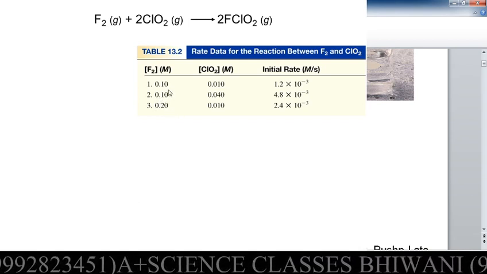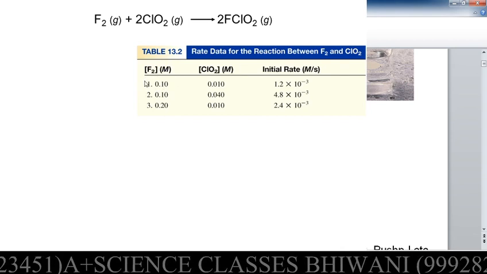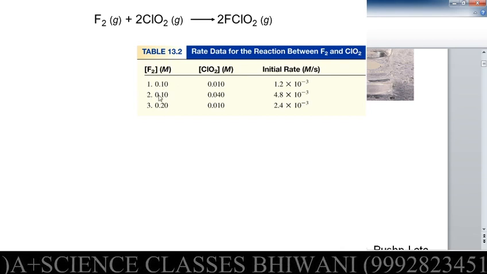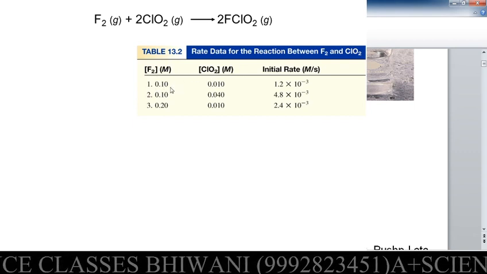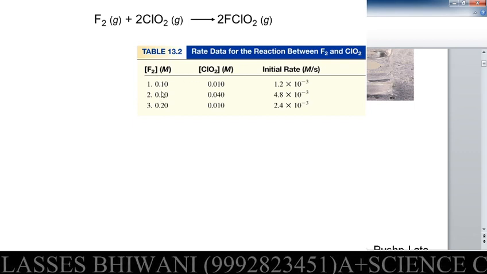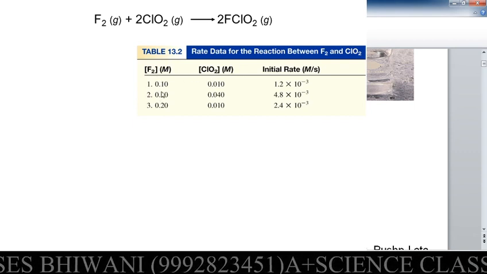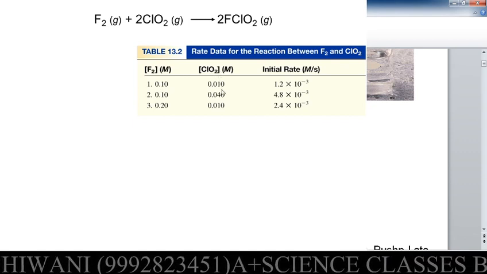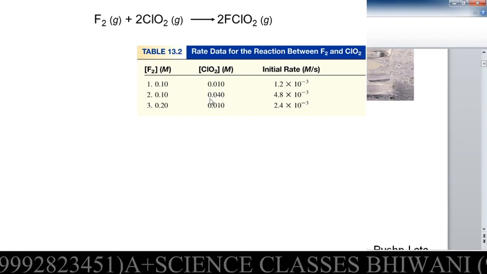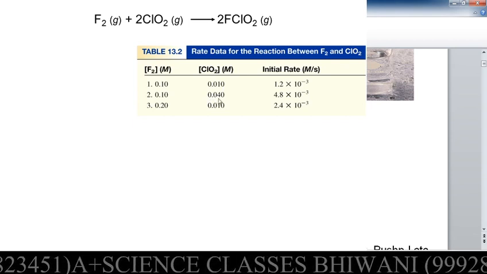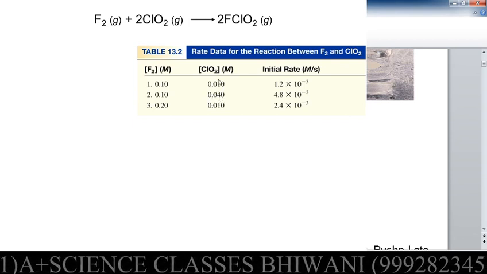Same in both. It means the concentration of fluorine is constant. Clear? And what about the chlorates? Whenever the concentration of fluorine is constant, the concentration of chlorates is 0.010 in the first experiment and 0.040 in the second experiment.